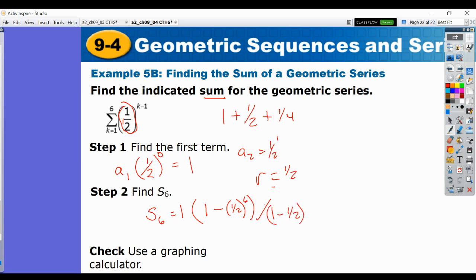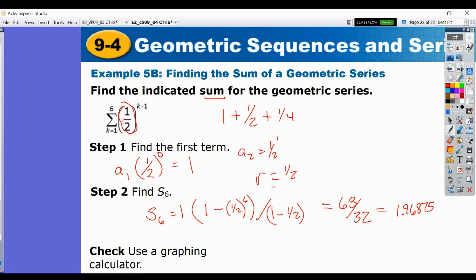If you don't do parentheses, your calculator won't do it correctly. So in mine, parentheses, 1 minus 1/2 to the 6th power divided by 1 minus 1/2, which is 1/2. I got a decimal, so I'm going to hit math, enter. 63 over 32, or 1.96875. Don't round because this is exact.